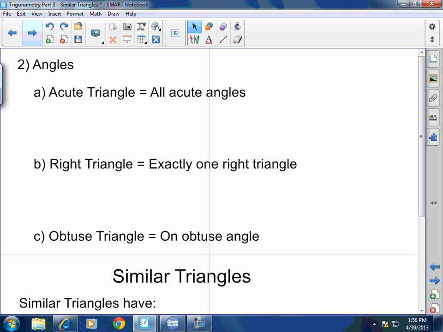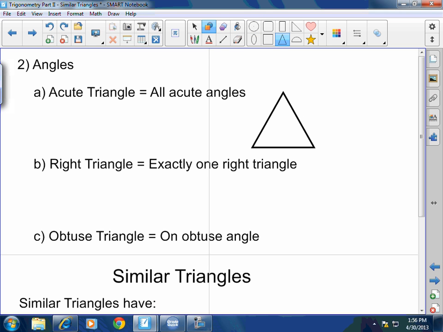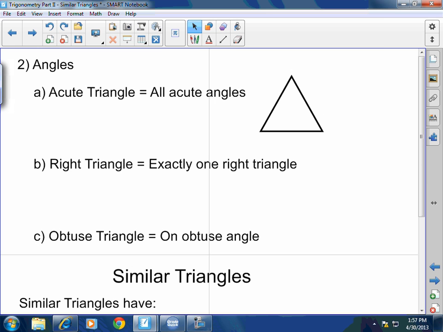If you want to classify them by angles, an acute triangle is a triangle where all of the angles are less than 90. I don't know why I didn't draw one up before. I'll do one now. Boom, right there. Remember that acute means less than 90. So here all of these angles are less than 90. This could be 60 and that could be 70, for example, and then that's going to be 50.